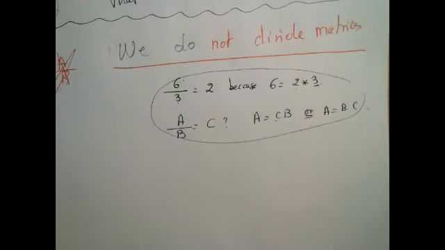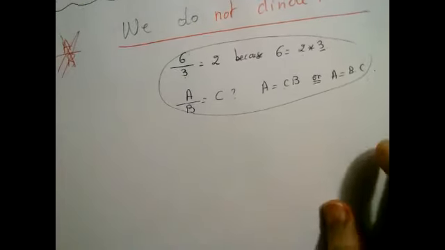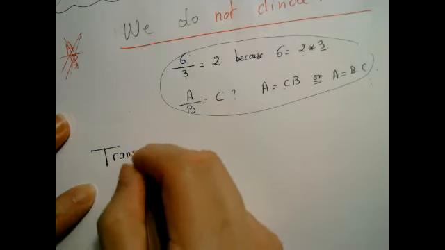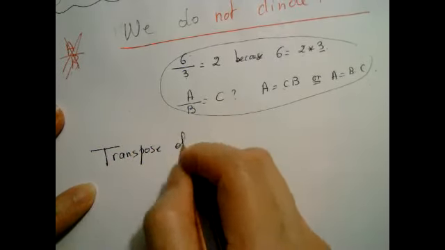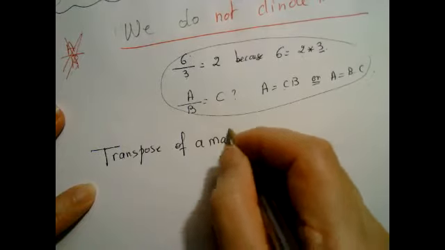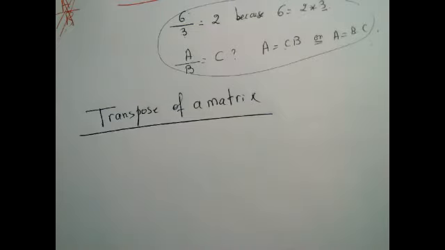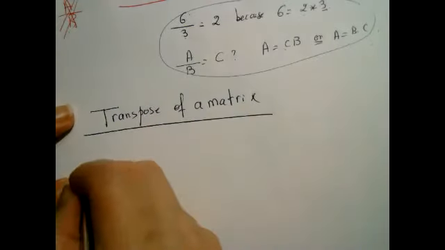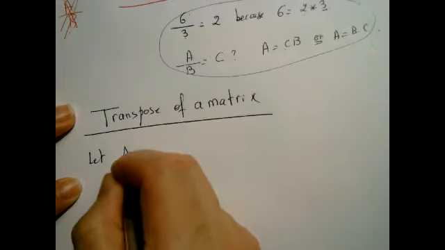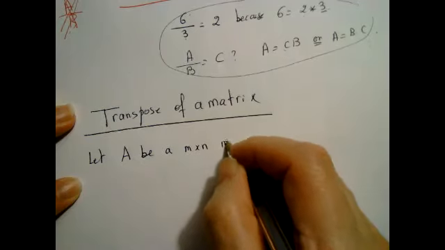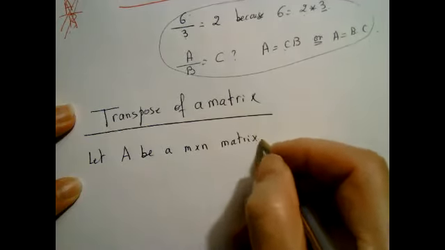All right. Now we did the operations on matrices, and we're going to talk about something called the transpose of a matrix. So what's the transpose of a matrix? Suppose we have a matrix A. Let A be an M by N matrix, M rows and N columns.